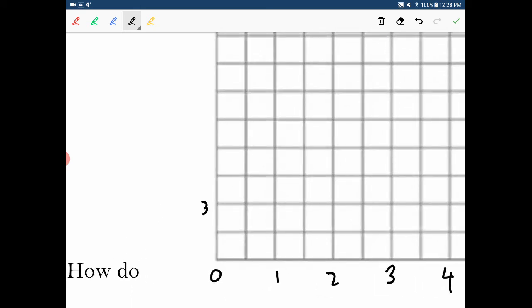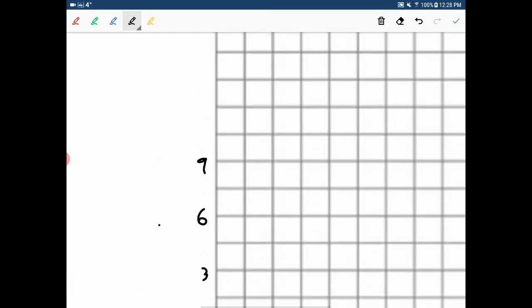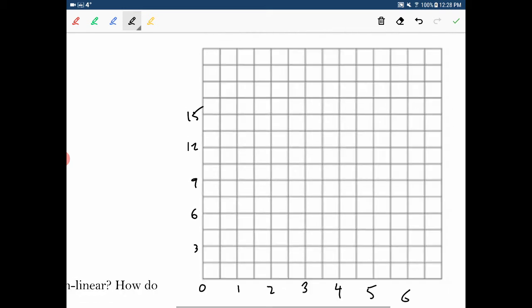Every other box is a 3, which works out really well for this one, even though it seems kind of weird. So that's our y, and that's our x.